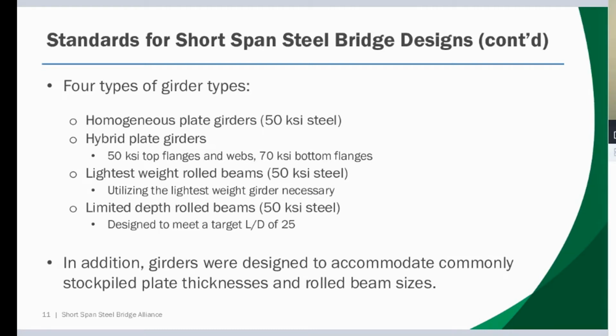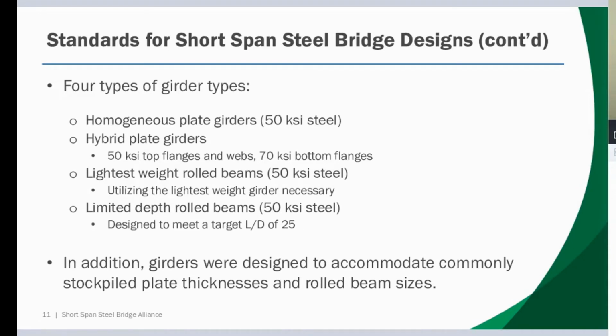And another point worth mentioning is that when you look at the various details and output from eSPAN, you won't find any 15/30-second inch plate or any dimensions that utilize odd plate thicknesses, I guess you would say. We designed the girders to accommodate commonly stockpiled plate thicknesses.